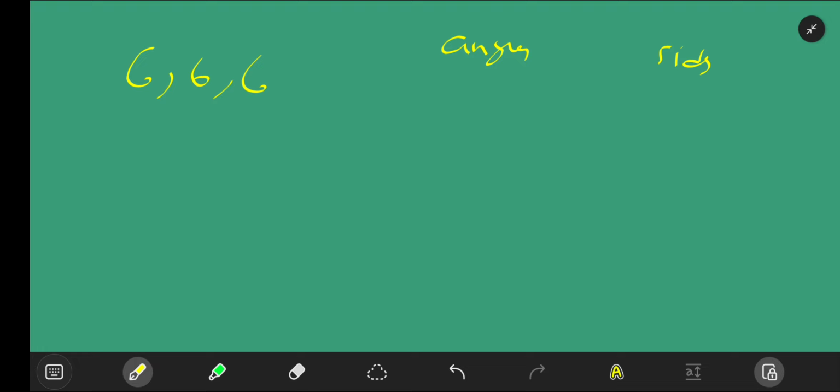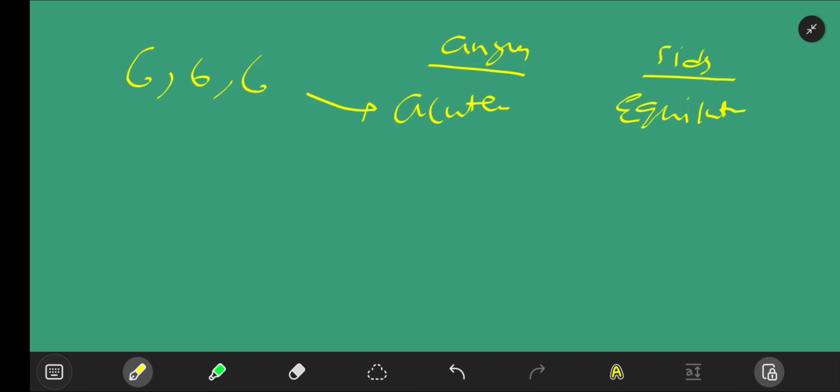As we know, directly, three sides are equal, so it is an equilateral triangle based on sides. And based on angles, already I said an equilateral triangle always forms an acute angle triangle.